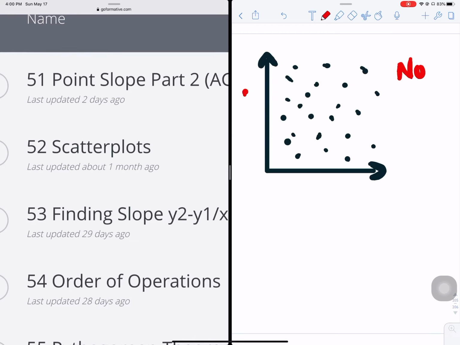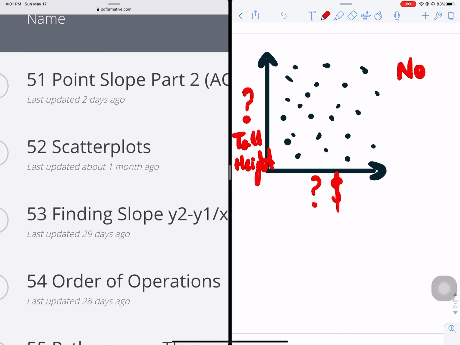Meaning that whatever this y-axis is called and whatever this x-axis is called, they have names, right? Like dollars per hour, right? This could be money and this could be hours. And maybe in this case, you're comparing two things that do not go together. If I were to think off the top of my head, two things that don't go together is how much money you make and how tall you are in height, right?